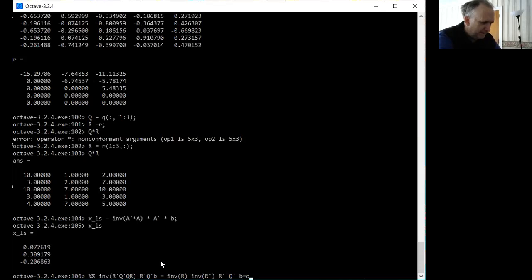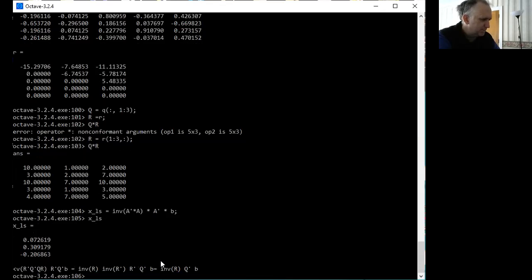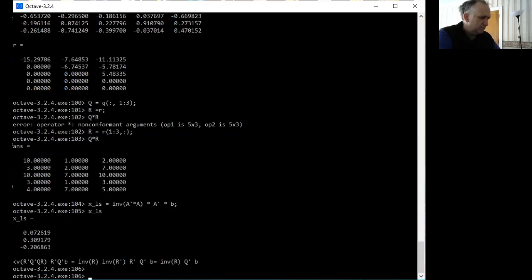So the whole thing is inverse R times Q prime times B. Okay, it suppressed it because I put the comment symbol there. But that's all it is.